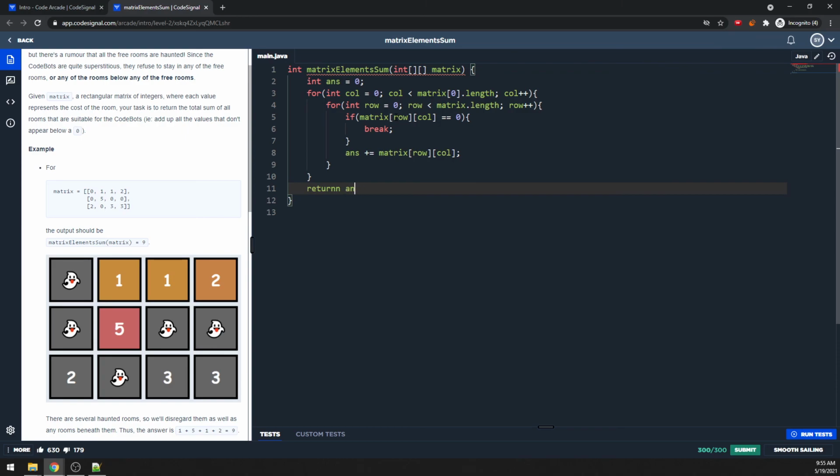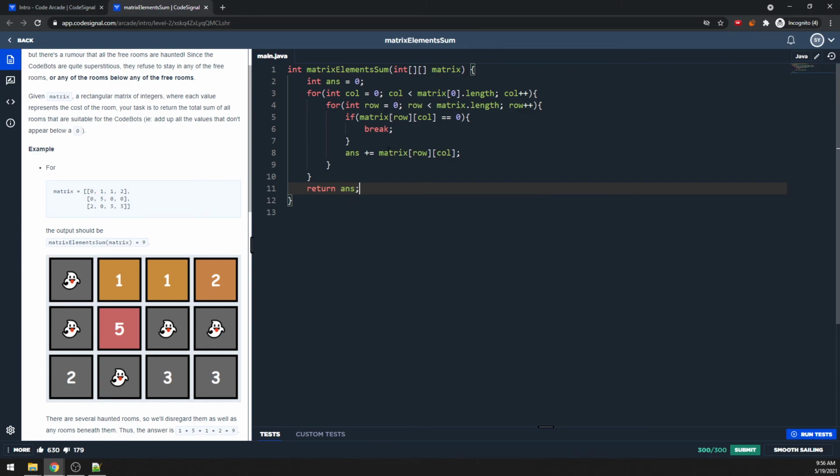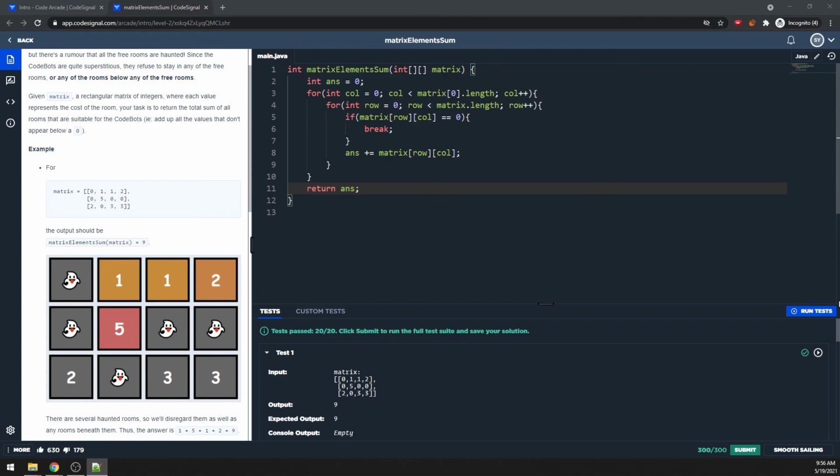And then you return the answer. So metric add when it's not equal to 0, so 1 5 break, 1 break, 2 break. Yes. Okay, let's try again. Oh, I got it.